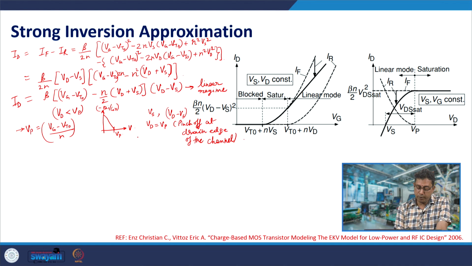So, what is the value of Vd sat? So, now that is Vp minus Vs for a given Vs. Vs could be 0. If Vs is 0, Vd sat is Vp.